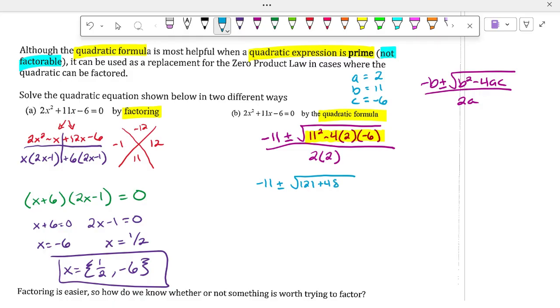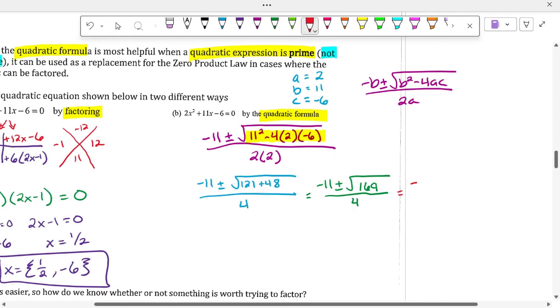Positive 48. All over, and then what's 2 times 2? 4. Then, still simplifying what's under the radical, this would be -11 plus or minus the square root of 169 all over 4. Is 169 a perfect square? What is the square root of 169? 13. So this is -11 plus or minus 13, all over 4.